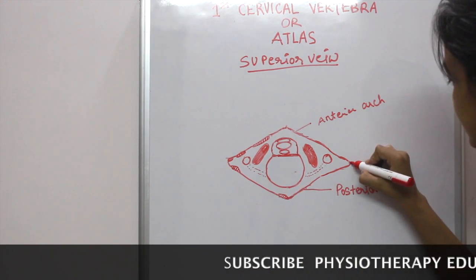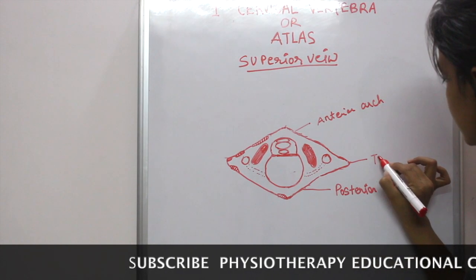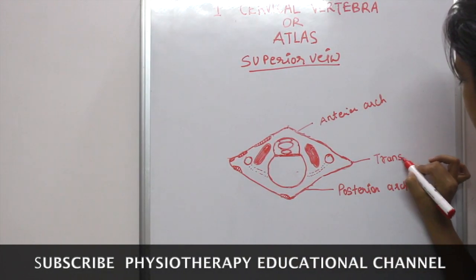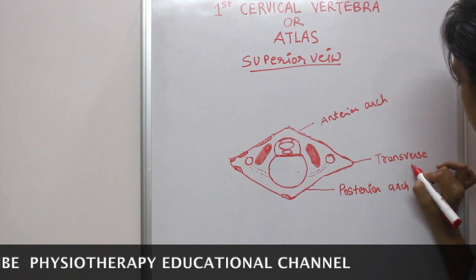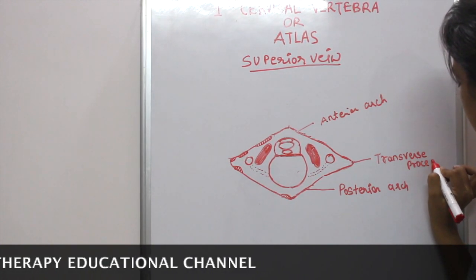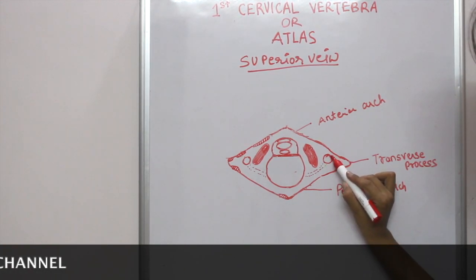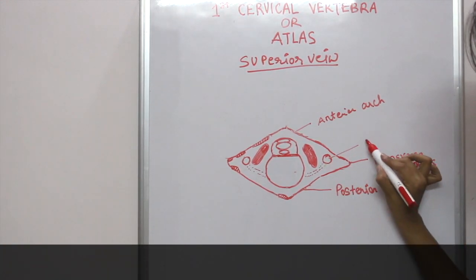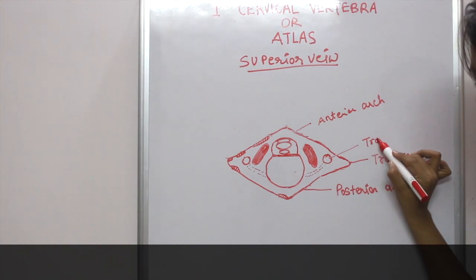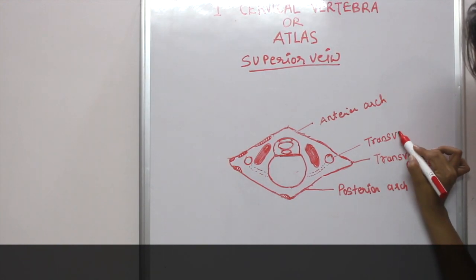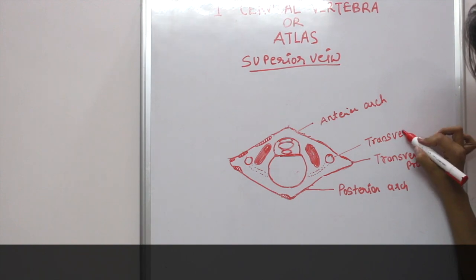Now this is the transverse process. And this transverse process is pierced by the transverse foramen, through which the vertebral artery passes.